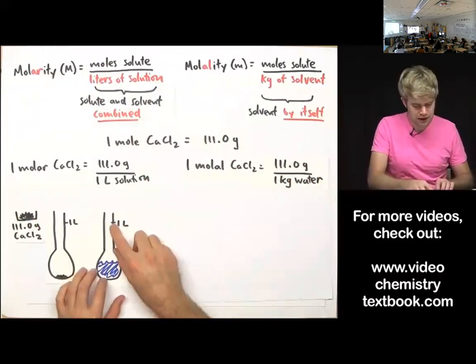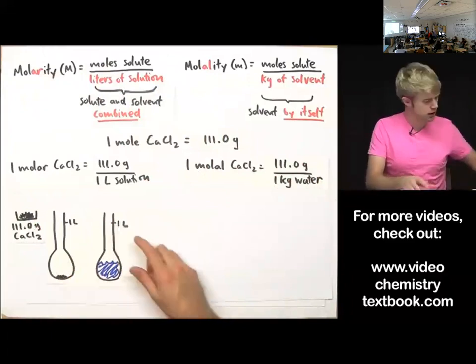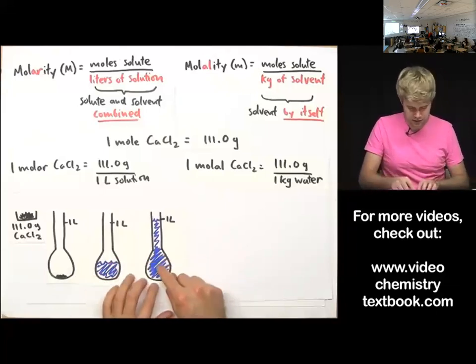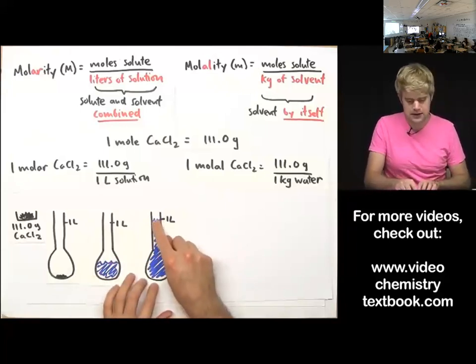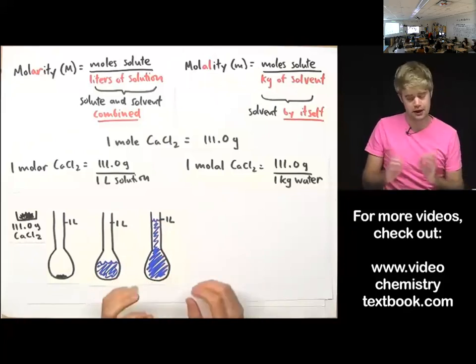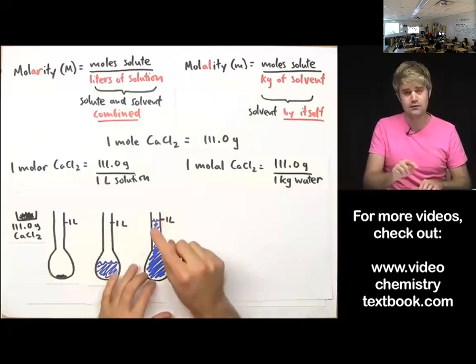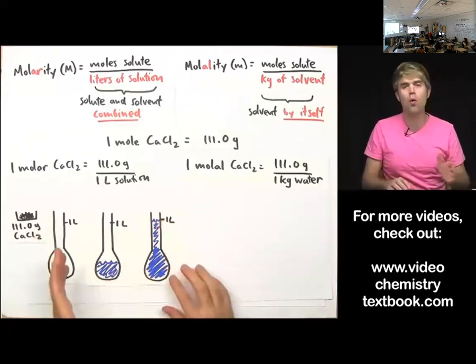Okay. Now check out this line up here, 1 liter. That's what the mark is. Now I'll take water and I'll add it to this flask right up until I get to the 1 liter mark. And now that I know I have 1 liter of solution, I have 1 molar solution.